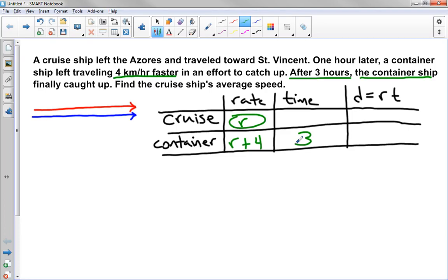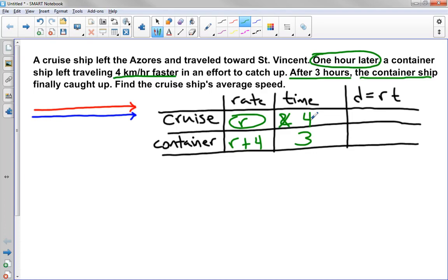If you're not reading carefully, you might put 2 in the box for time, and that is incorrect. If you read carefully, the cruise ship started first and the container ship left later on. That means the cruise ship has been traveling for a longer amount of time. How much longer? 1 hour longer. So the cruise ship hasn't been traveling for 2 hours, it's been traveling for 4 hours.